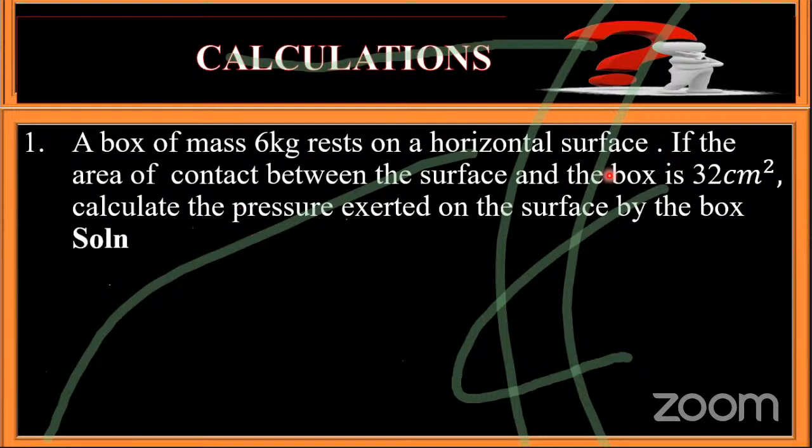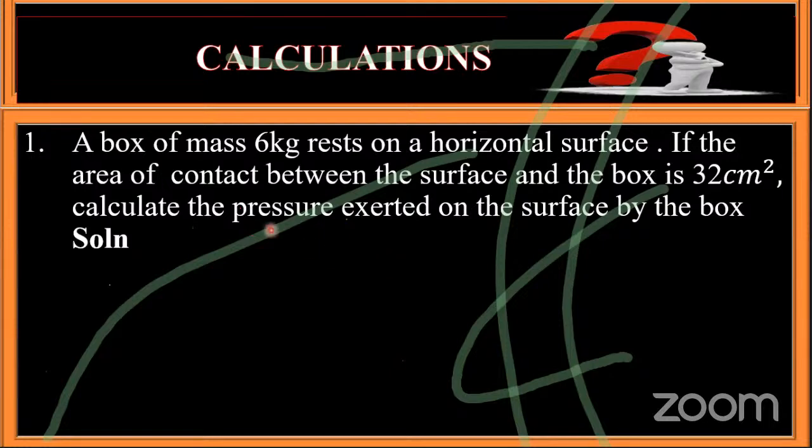Two, what I want us to know here is, in any calculation of physics, all physical quantities must be in standard units. So we have to make sure everything is in standard units.